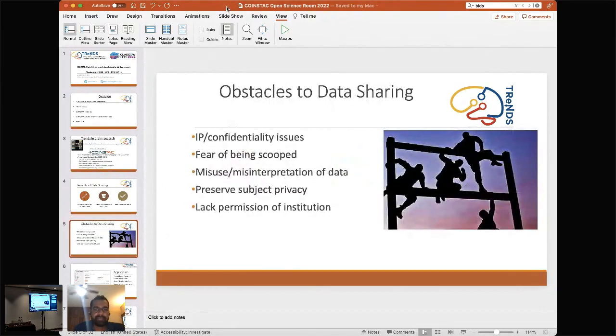Here are some obstacles to data sharing that we encounter in our research field: misuse or misinterpretation of data, preserving subject privacy, and not having enough permissions from the institution to share the data with each other.